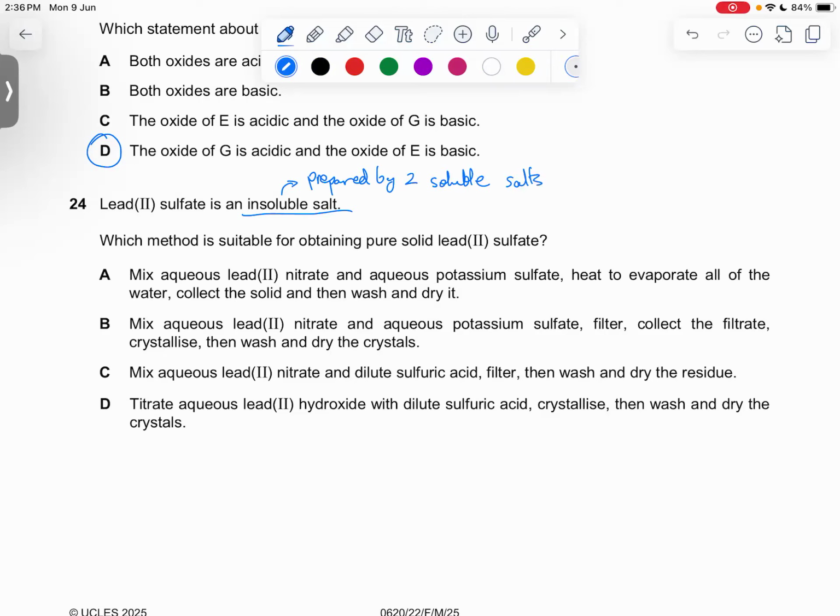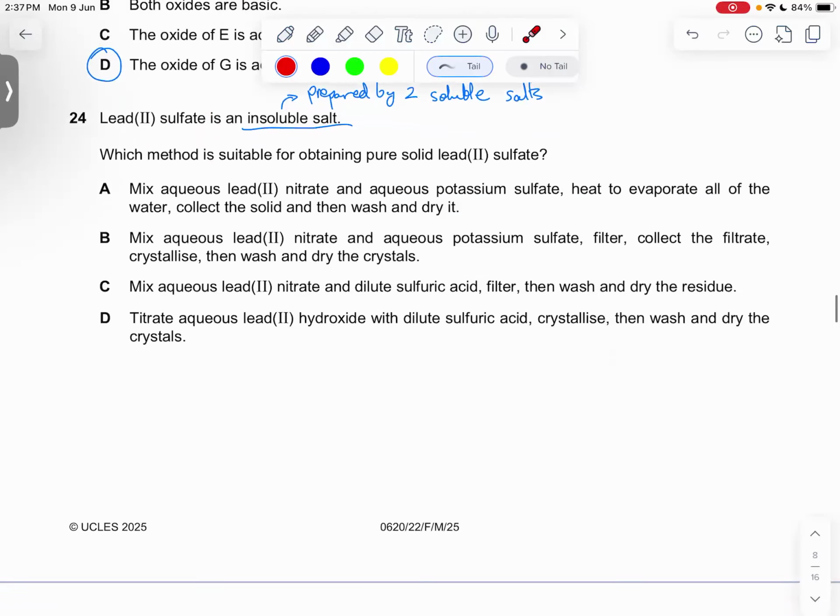In the notes, we always used to write, take the nitrate of the cation, meaning lead nitrate, and the sodium salt of the anion, meaning sodium sulfate. So lead nitrate and sodium sulfate, when they react together, can produce lead sulfate. And then we filter the solution, rinse the salt that is collected as a residue, and dry it between two sheets of filter paper. That is one way.